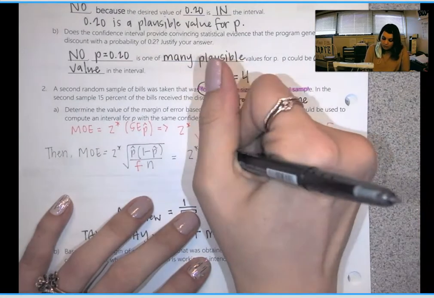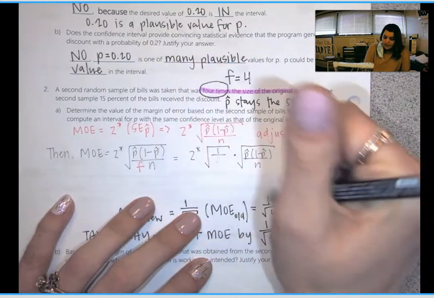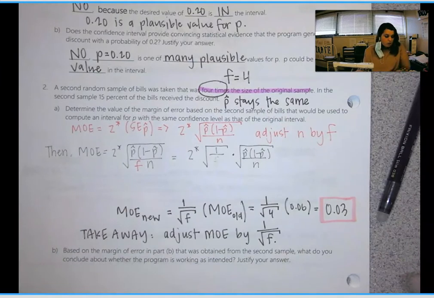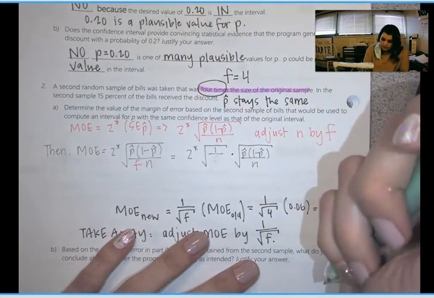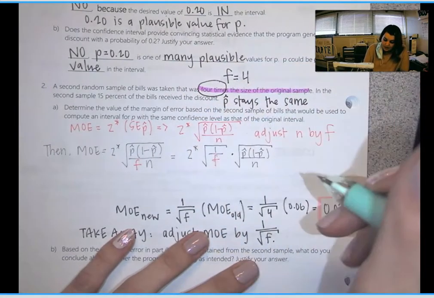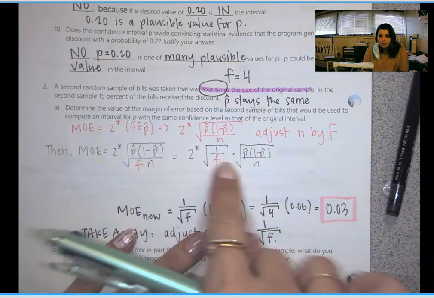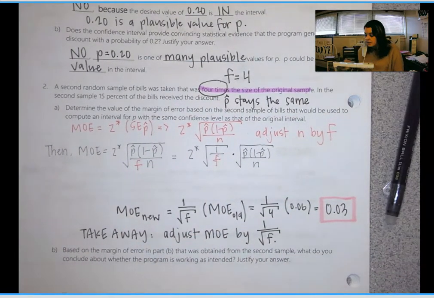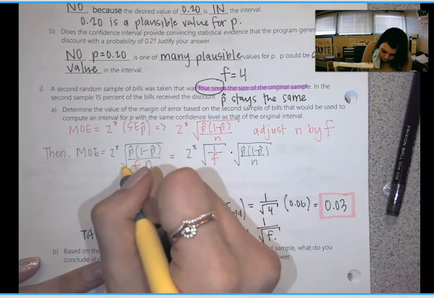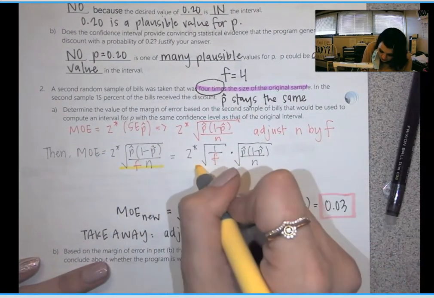So all I'm doing is pulling out that factor of 1 over f. And that's mathematically sound. I am allowed to rewrite this radical as this radical. So let me highlight that so that you can see. This turned into this.